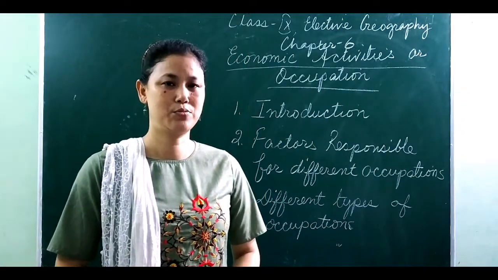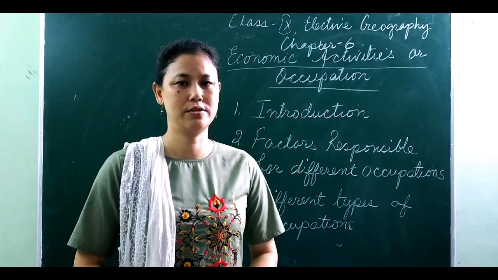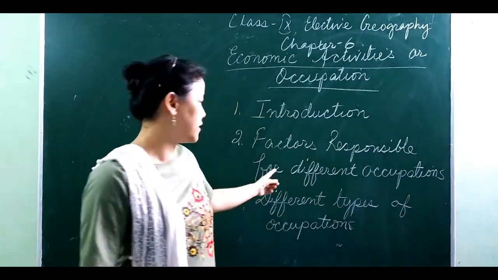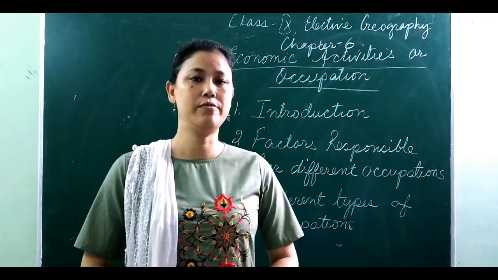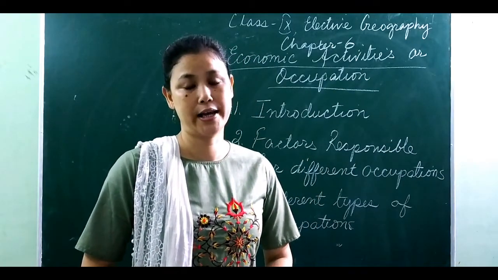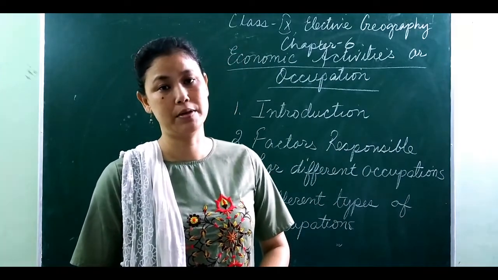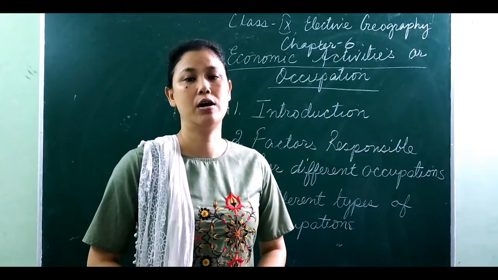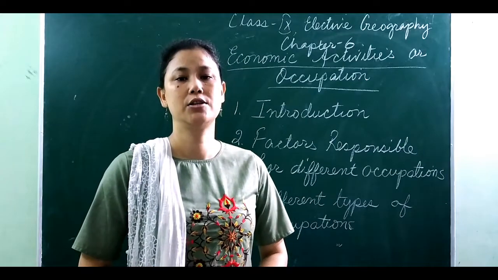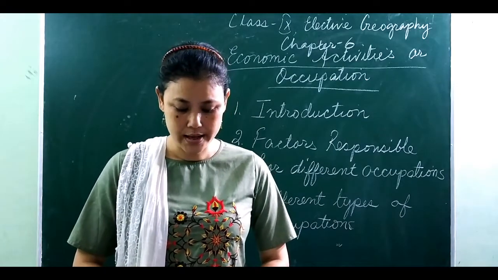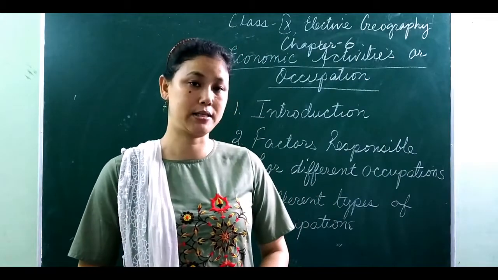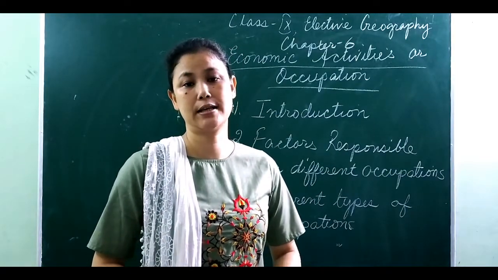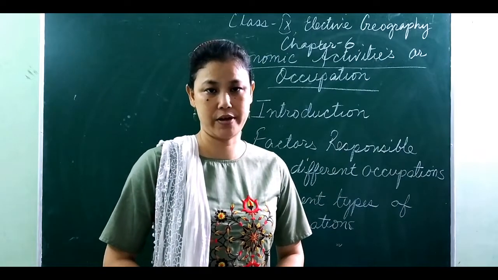So students, as we were talking about the factors responsible for different types of occupations, one of them is the availability of resources. And then again, the resources which are available are dependent on climatic conditions, geographical structure, as well as even the quality of soil that is available in that place. We can take the example of jhum cultivation.